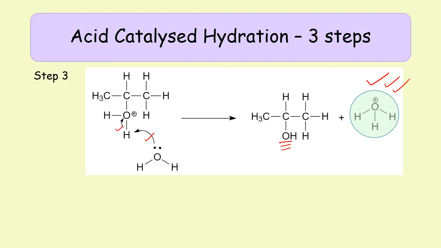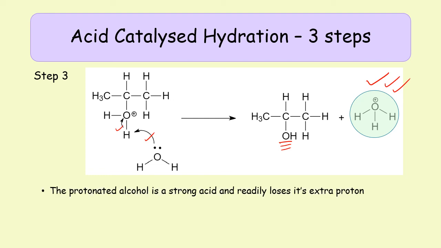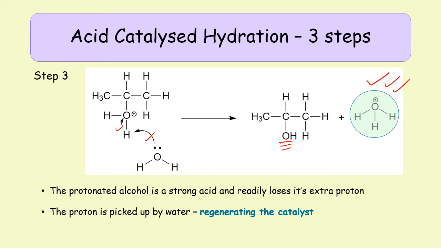So remember, this is your proof that the hydronium ions are the catalyst, because you needed them at the start, but you regenerate them at the end. So by regenerating the catalyst, we have completed the cycle, and can keep doing the process over and over again.